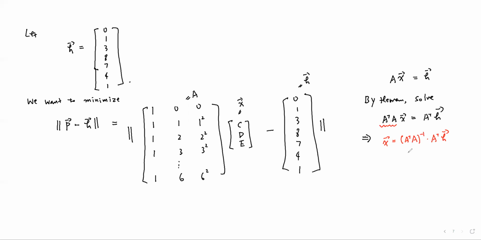Then this is the solution. The solution is: compute A transpose A, then compute its inverse, then multiply the inverse by A transpose H. Then the answer is this. Of course, not by hand, but by calculator or by computer.